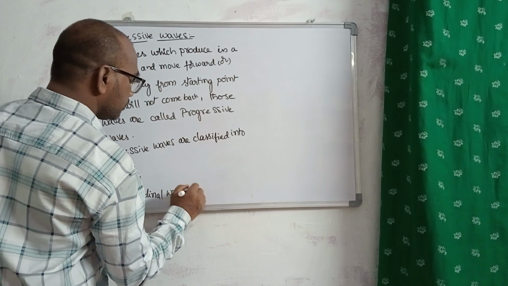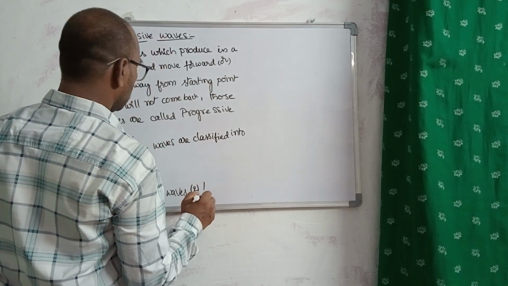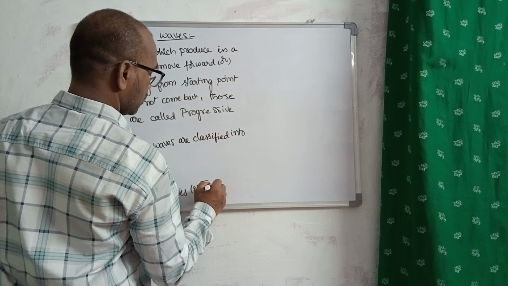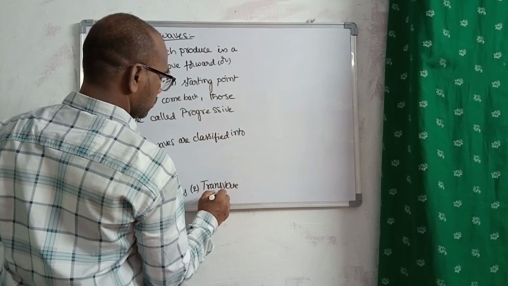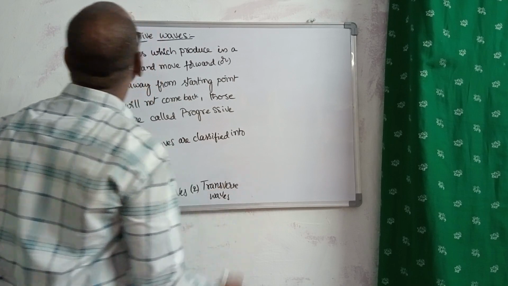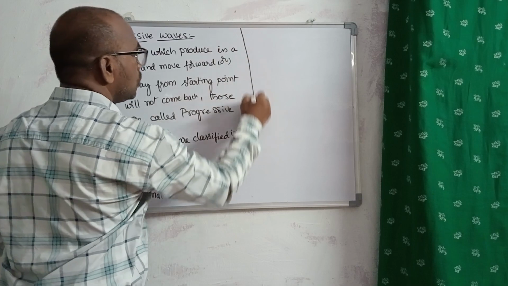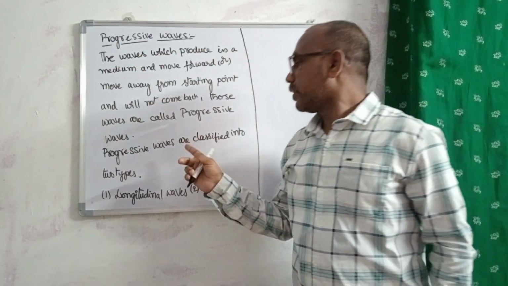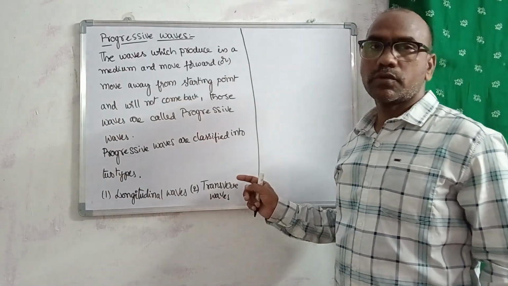Second one, transverse waves. So progressive waves are two types. One is longitudinal waves. Second one is transverse waves.